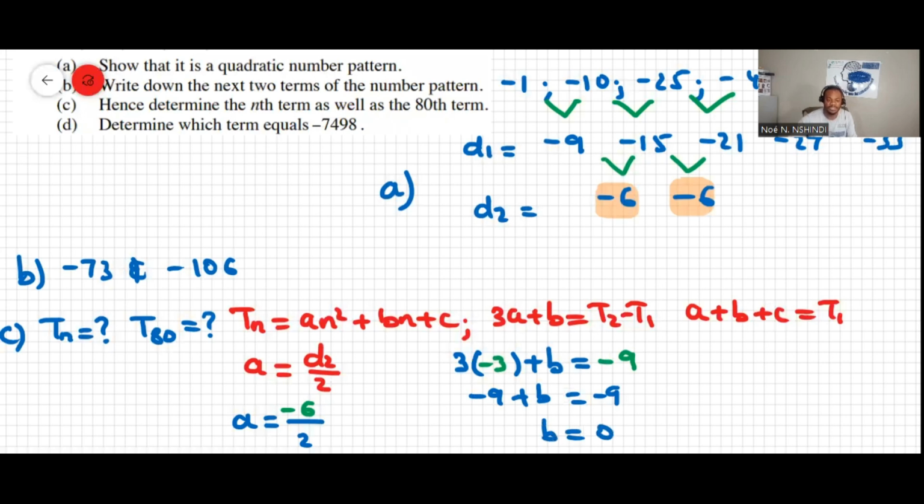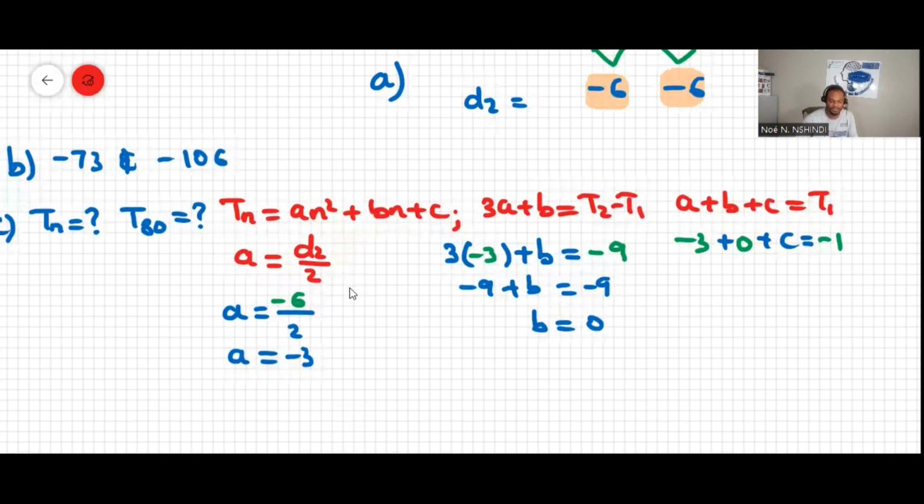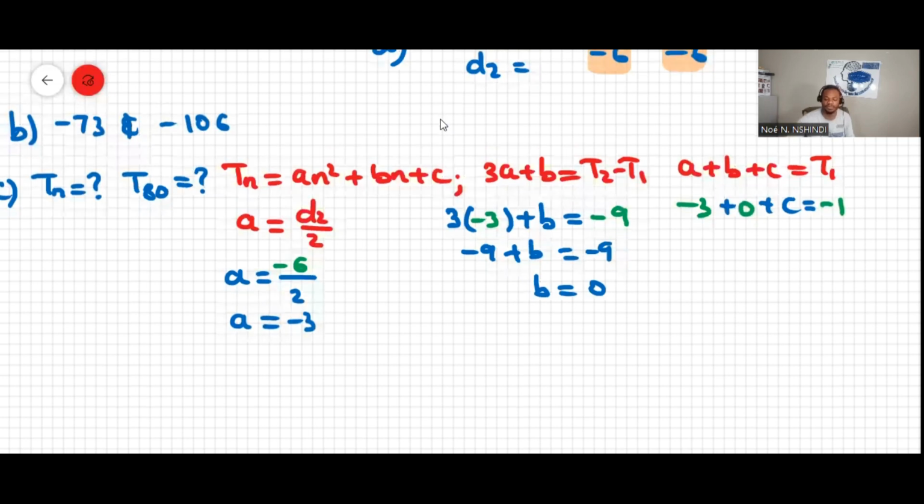Now a plus b plus c equals T1. a is -3, b is 0, and T1 was -1. We can find c by adding 3 to both sides, so c equals 2.